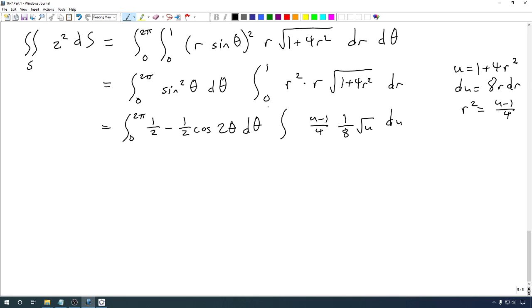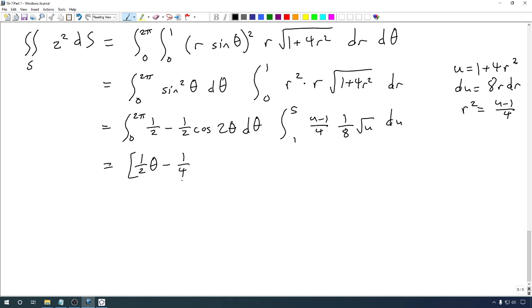Of course, I do have to change my limits. A 0 gives me u equals 1. A 1 gives me u equals 1 plus 4, so we get a 5. Alright, now we go ahead and integrate this. The integral of 1/2 is 1/2 theta. The integral of cosine is a sine, but we have to deal with the 2 that's in here by dividing it.